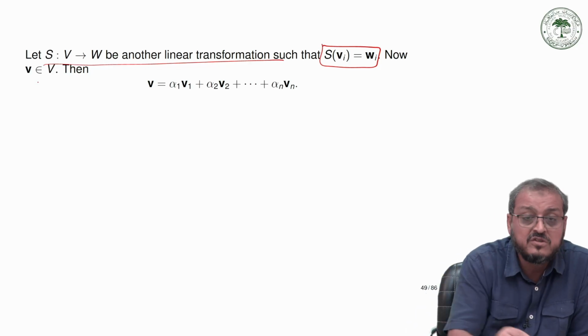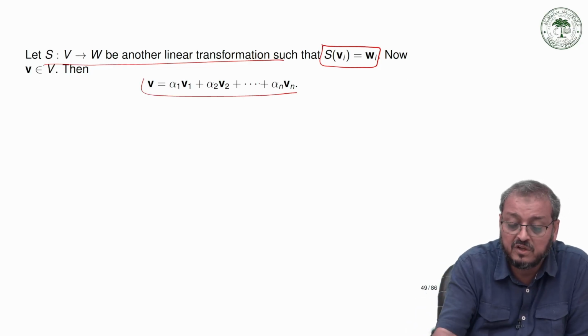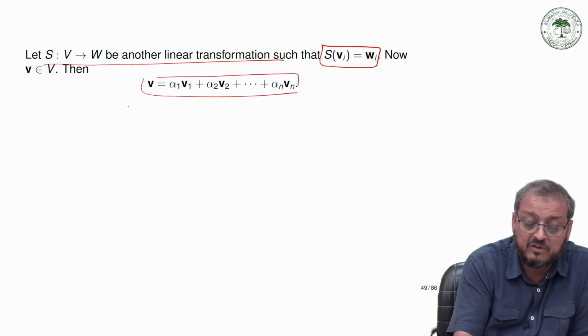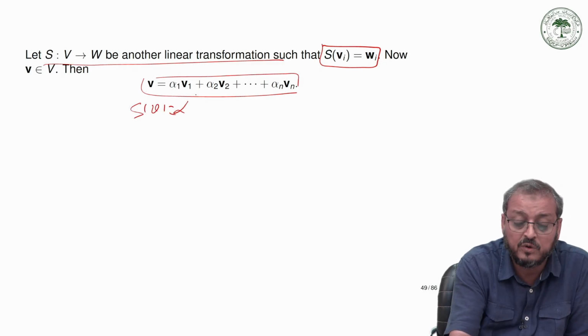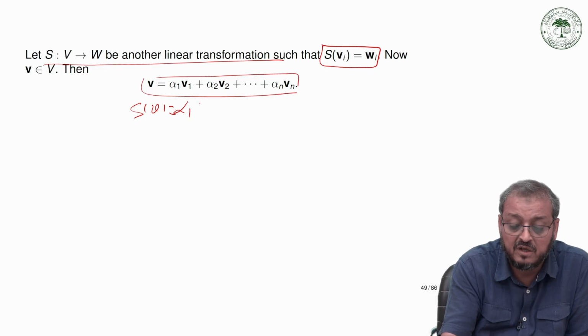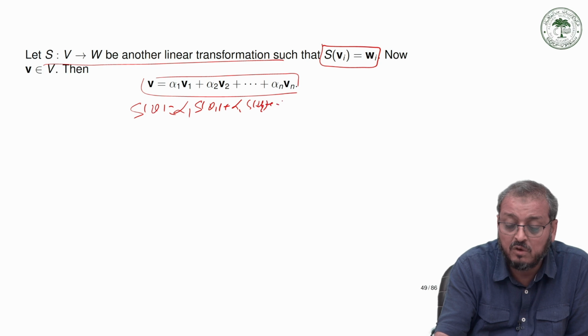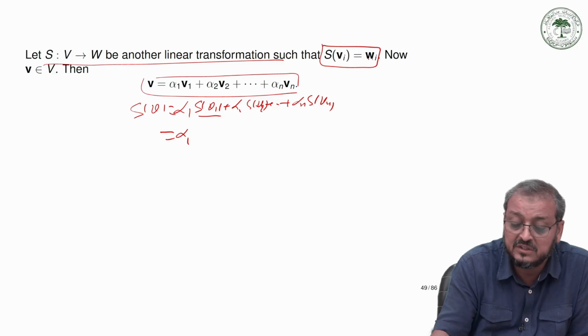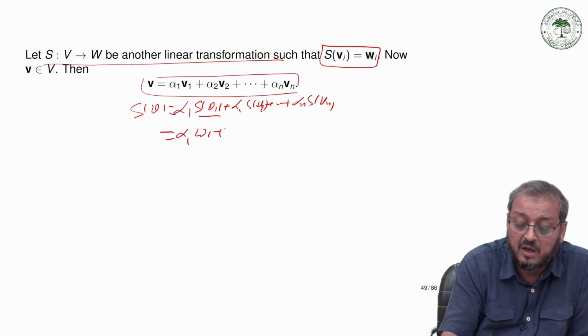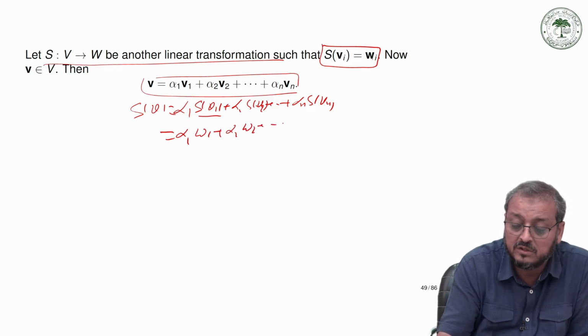Then for v an element of V of this form, we calculate S of v. S of v is equal to, because S is linear, alpha 1 S of v1 plus alpha 2 S of v2 and so on plus alpha n S of vn. By this condition, alpha 1 S of v1 is alpha 1 w1, then alpha 2 w2 and so on up to alpha n wn.